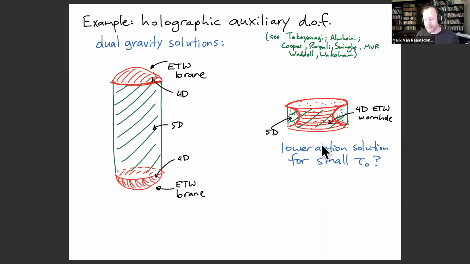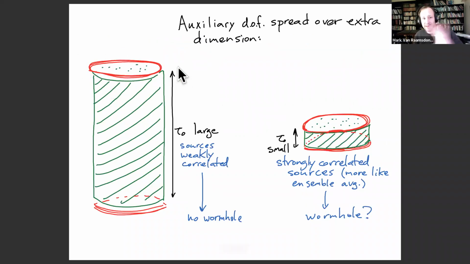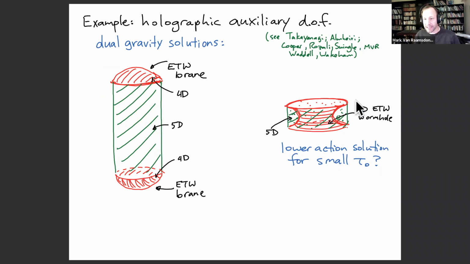Basically, because the original theories are 3D CFTs, their gravity dual would be some 4D theory. And if I'm just perturbing that a little bit by adding a few degrees of freedom that couple the two sides, then I might expect that you retain the 4D character of this theory that describes this end of the world brane.